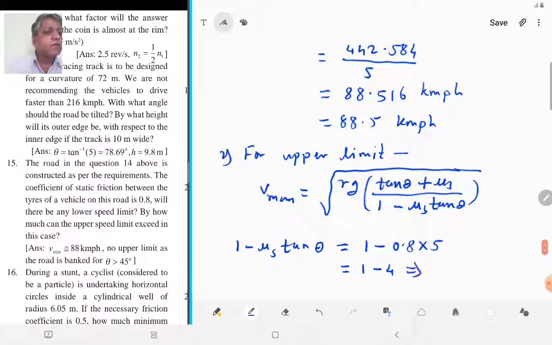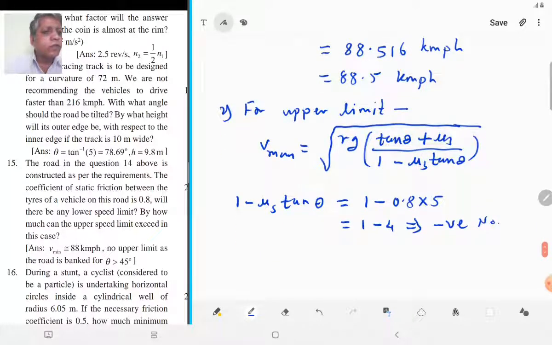This is a negative number. This speed is never negative, that is considered it is equal to 0. Denominator is 0, therefore maximum speed is equal to infinity.